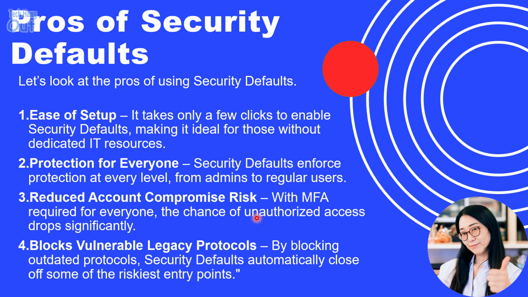A very good example that I mentioned earlier is IMAP. IMAP does not understand multi-factor authentication. So if I set up a mailbox using IMAP, it means that I cannot set up MFA on that account because IMAP does not understand MFA.